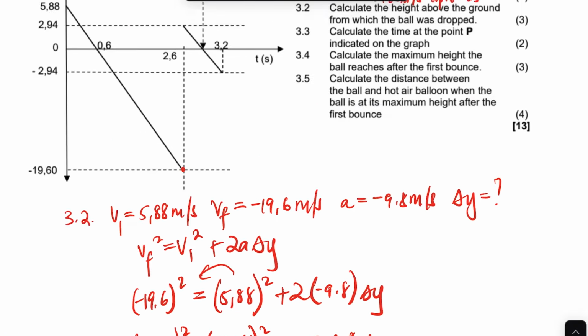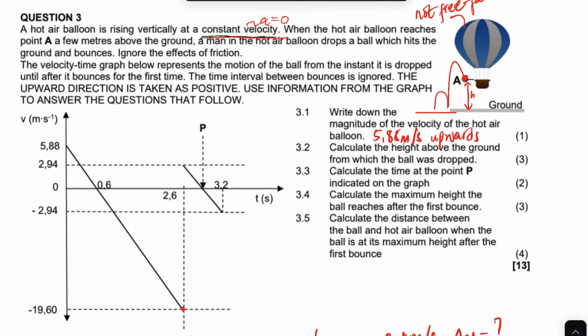Before I do that, I will use the area, guys, without the equation of motion. I'll have to use this part of the graph, from the maximum point to the ground. I'll use the area of this triangle minus the area from where it was dropped till there. So we have two areas here.